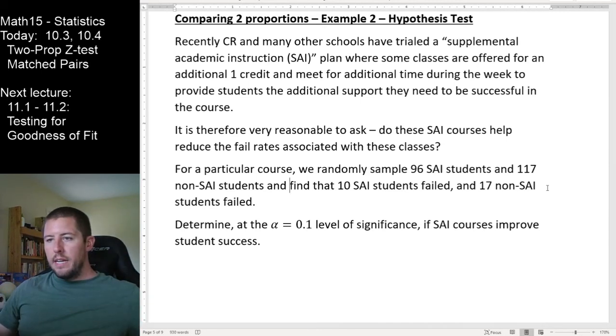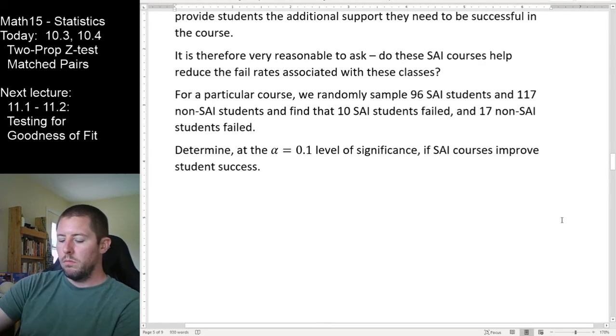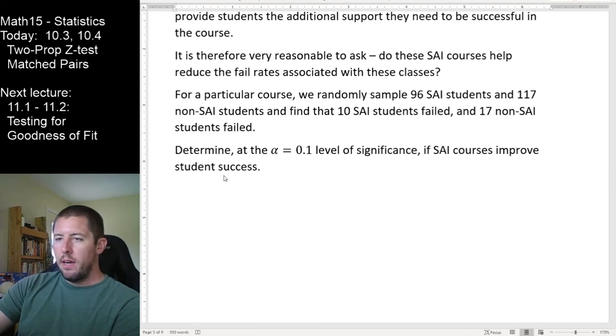So let's identify our information here. So what do we got here?